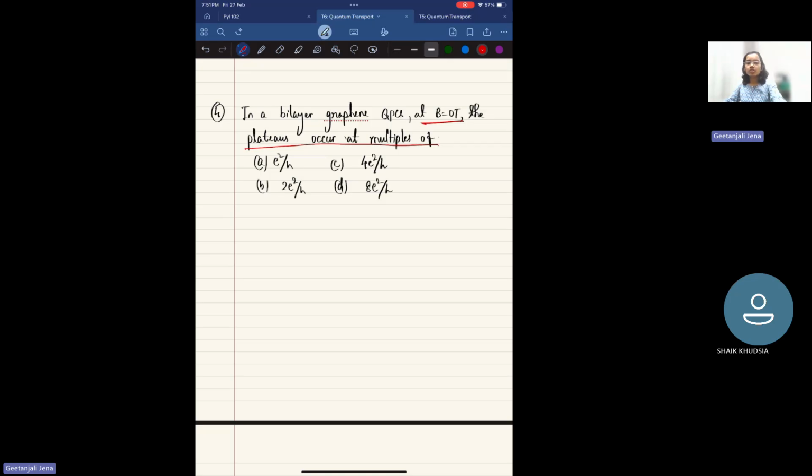If you recall, for bilayer graphene we have both spin degeneracy as well as valley degeneracy. Spin degeneracy has a factor of 2, up spin and down spin, and there are also two valleys with the same energy. So the plateaus will be at multiples of 4e square by h, because of the spin and valley degeneracy.